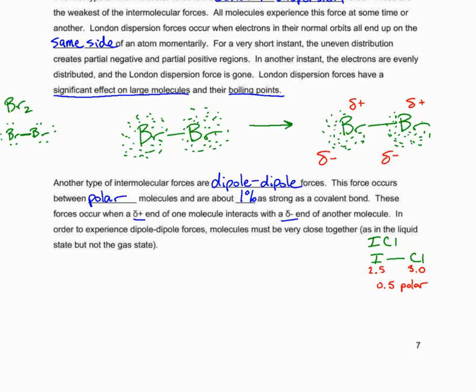So when you get a bunch of these, here is one of them, and let's say here's another one, and here's another one, and here's another one.